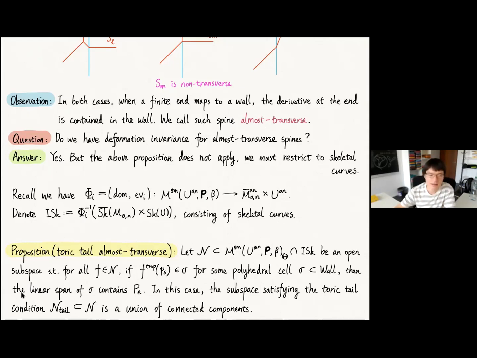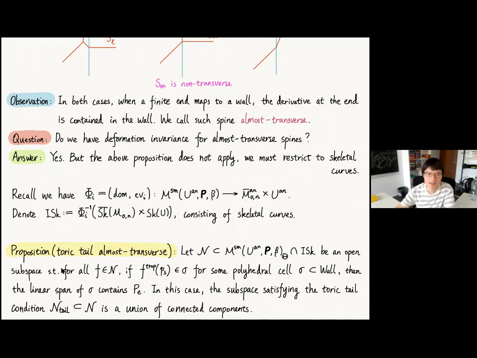Then the linear span of sigma contains this derivative PE. So this is the condition for almost transverse. Once f is almost transverse for all f in N, then the subspace satisfying the toric tail condition is a union of connected components.